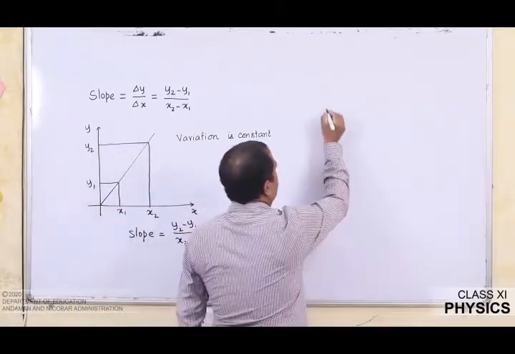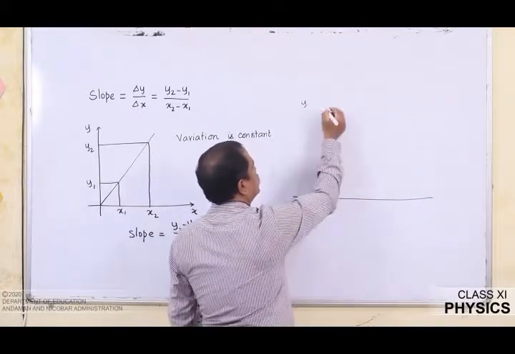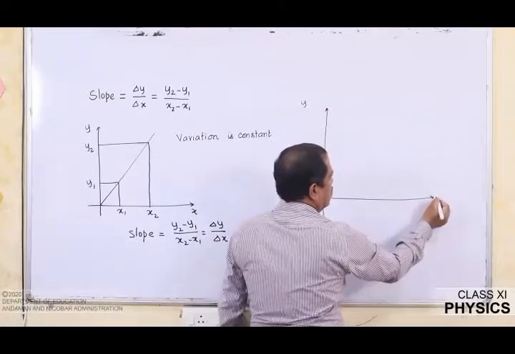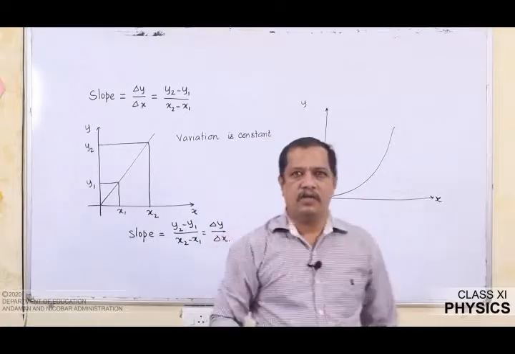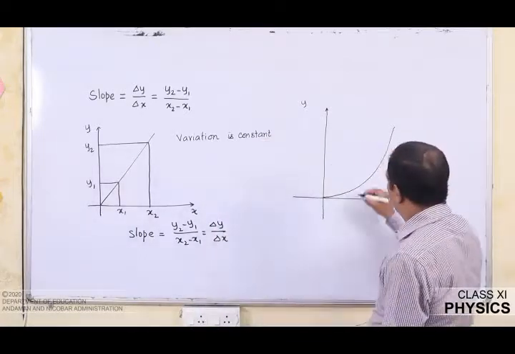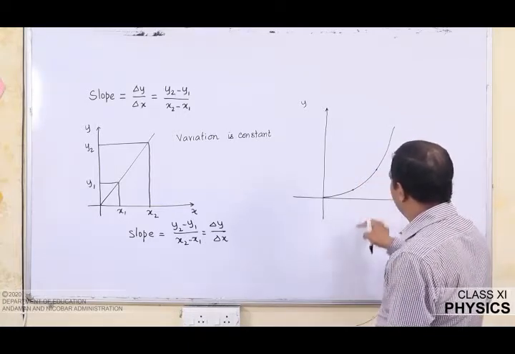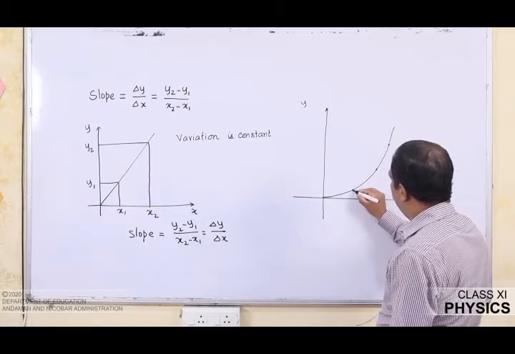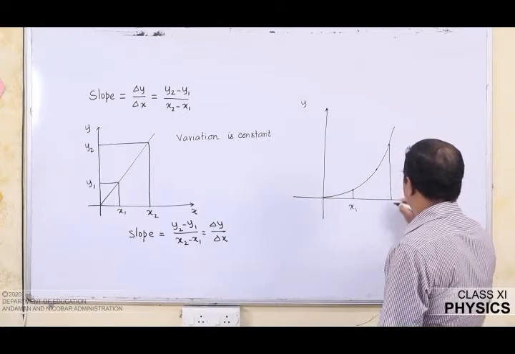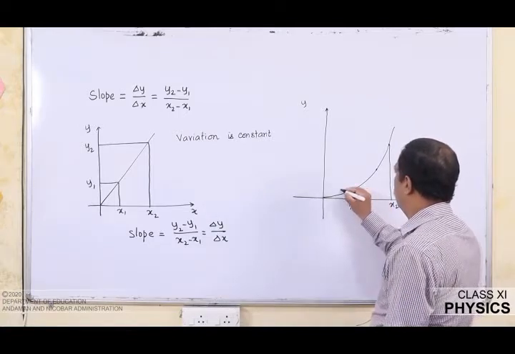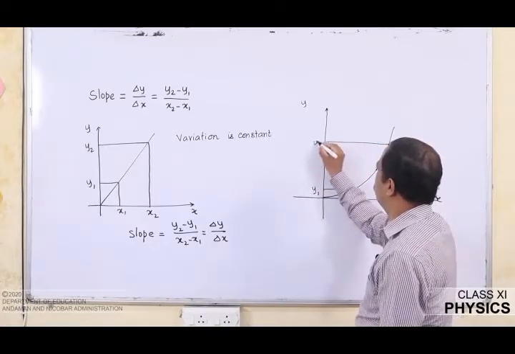If I see another graph, say like this, I say this is y and this is x, and if I have a curve like this, we saw in the previous class that the slope calculated over different intervals of x kept on varying. Let me say this is x1 for me, this is x2 for me, this is y1, and the corresponding value of x2 is this one, y2.